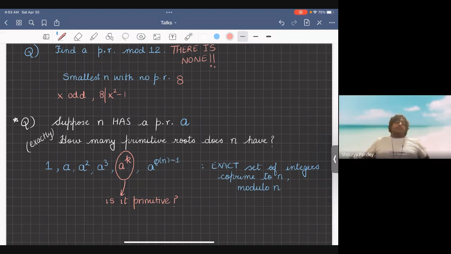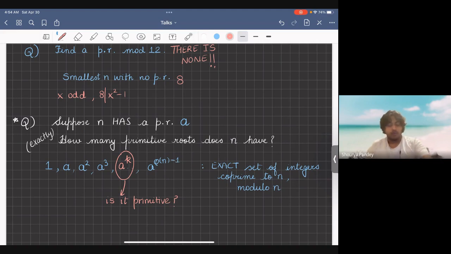Great. So let's give others a little more time to think. When is a to the k also a primitive root? I mean, we're not done with the proof yet. I'm still waiting for people to try.